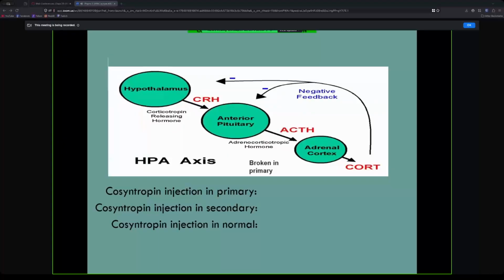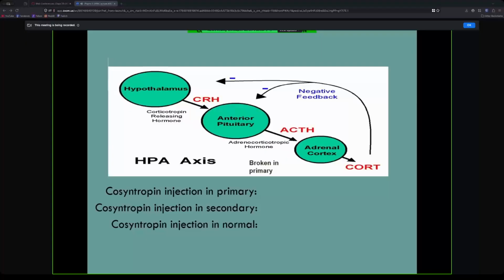Okay, so in primary adrenal insufficiency, like we discussed, the destruction, cortisol is going to remain low after we give the cosyntropin injection because the gland itself is destroyed. So the gland cannot respond to ACTH stimulation. So no matter what we do, no matter how strong the stimulus, the adrenal cortex is not going to respond and make cortisol.